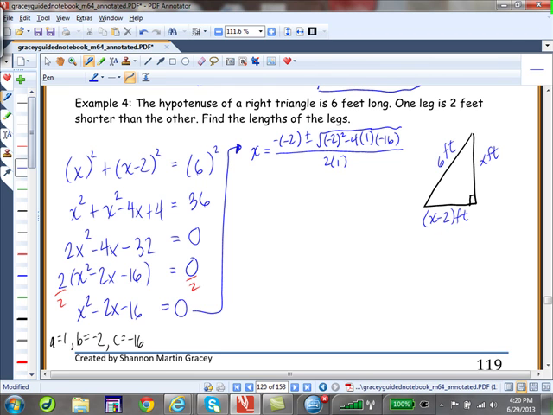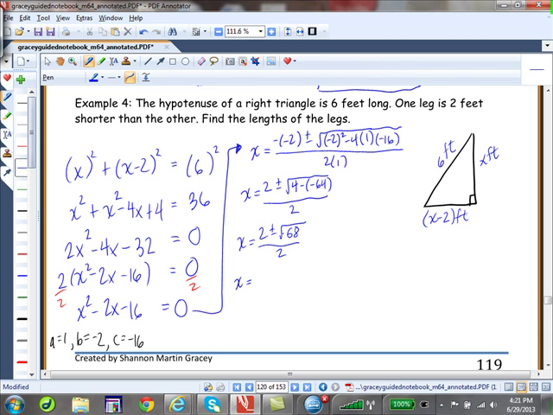By the way, if you hadn't factored out that 2 and simplified or reduced it a little bit, you'd end up with the same result. You'd just be working with bigger numbers. So x is positive 2 plus or minus the square root of 4 minus negative 64, all over 2. x is 2 plus or minus the square root of 68 all over 2.